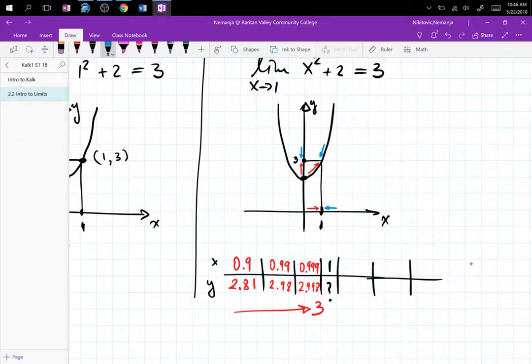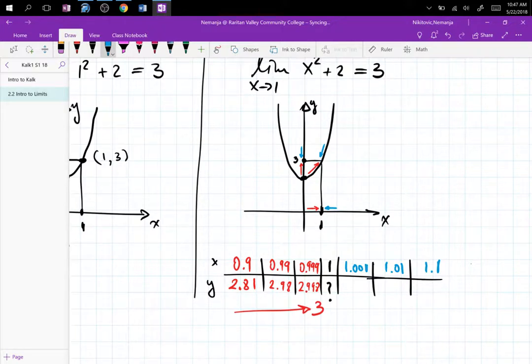The blue side says, all right, so let me be 10 cents away, and then I am 1 cent away, and then 1/10 of a cent away. Hold on. These are supposed to be 1 point, not 0 point. There we go. Much better.